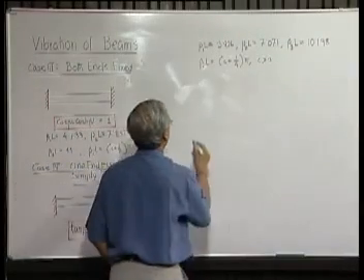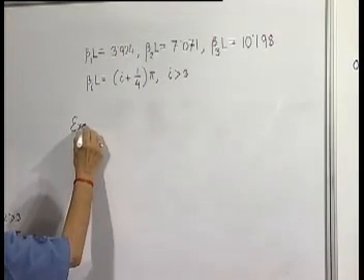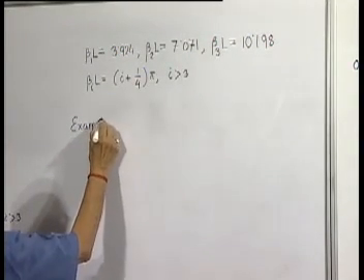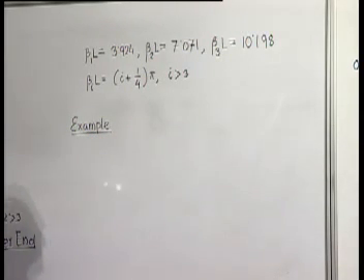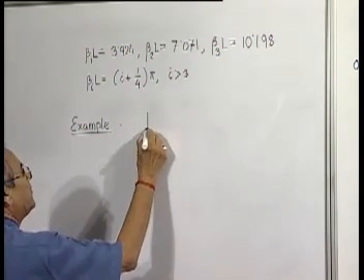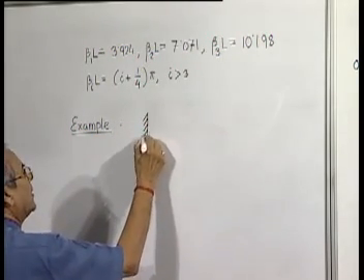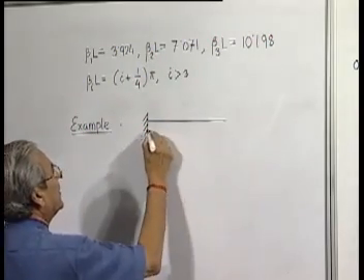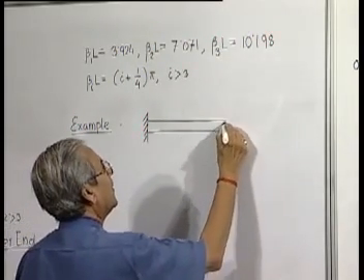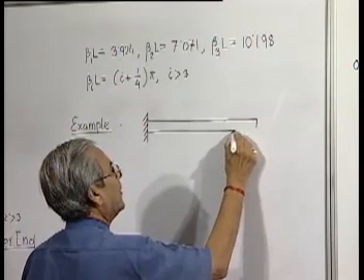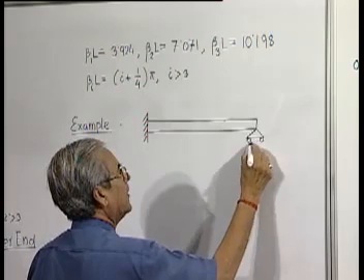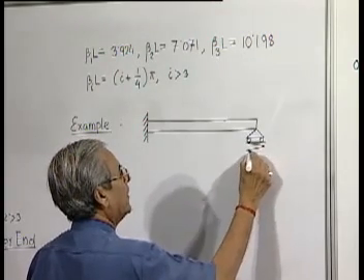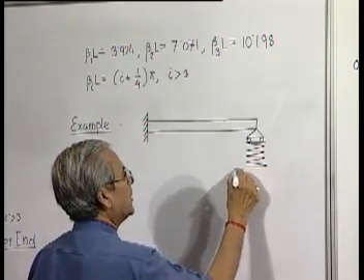Let us solve a particular case. Example. The example we take is one end fixed and the other end elastically supported.